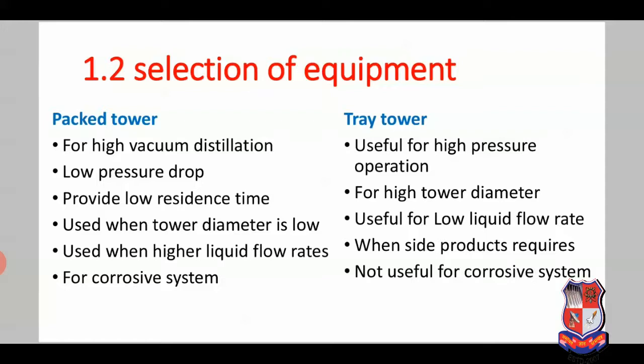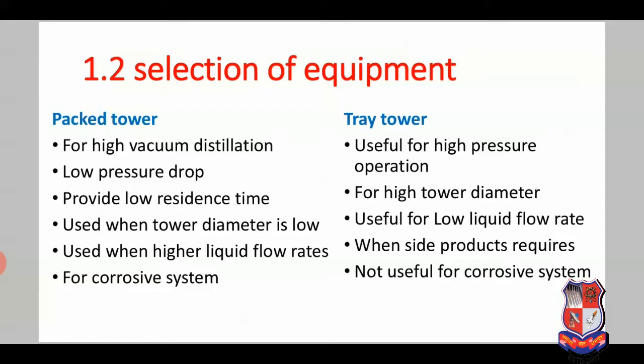But it is not possible in case of tray tower, because the liquid flowing from the top tray will travel through all the trays in series, so it will have to pass through each tray. That is why short circuiting or lower residence time will not be achieved in tray tower.